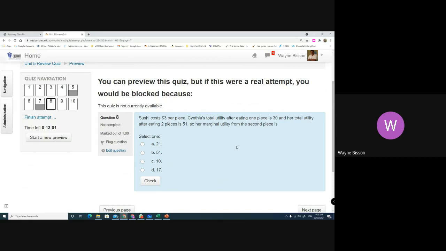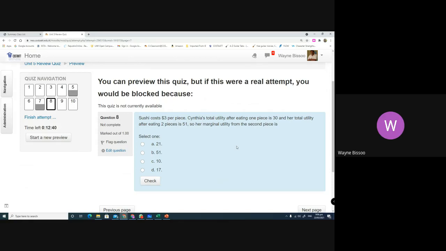What's the formula for calculating marginal utility?